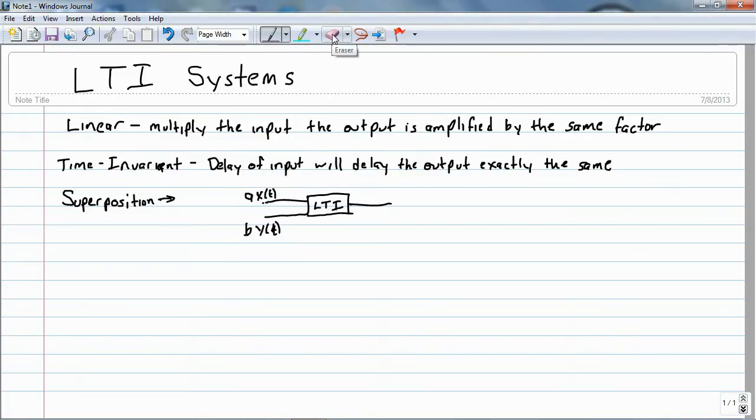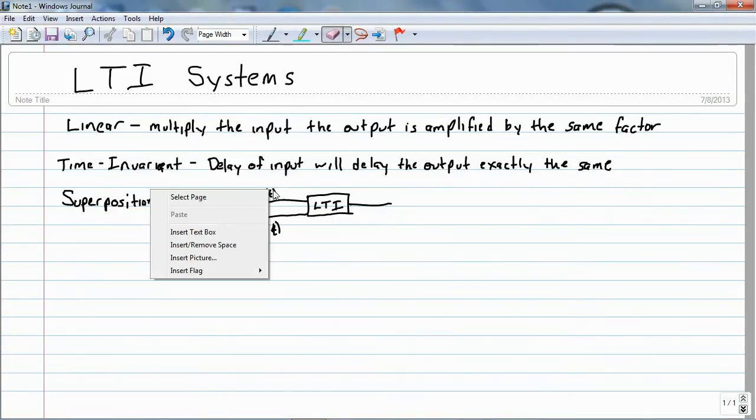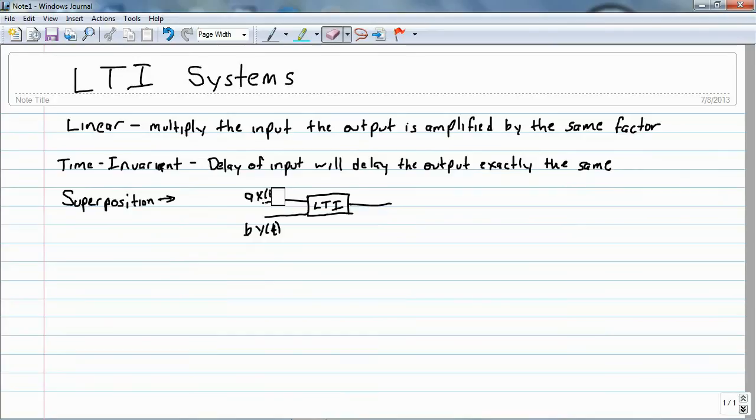And I can put everything in there. Let's do some time delay in here. And these time delays don't have to be the same.